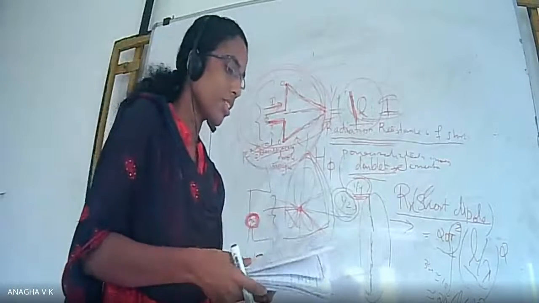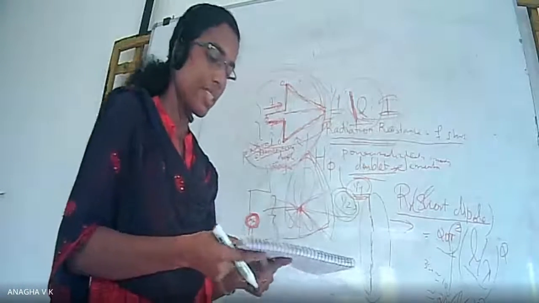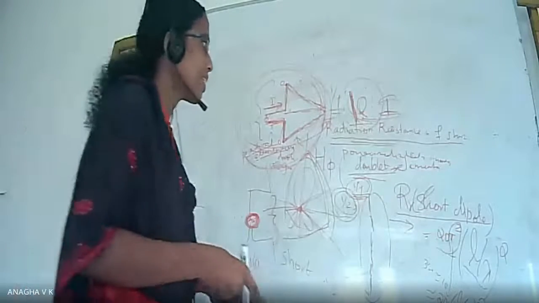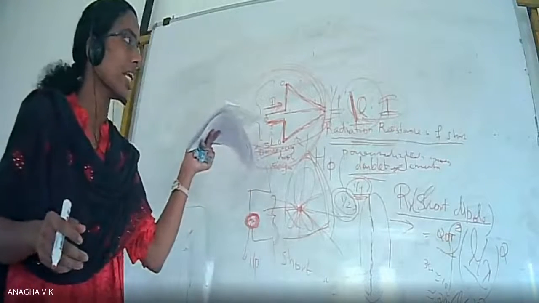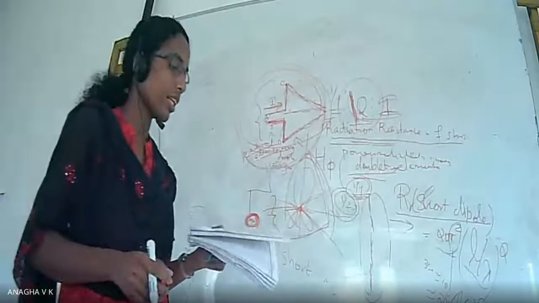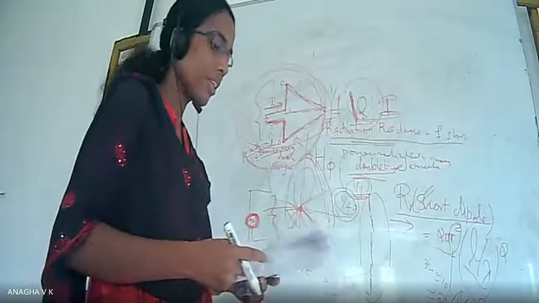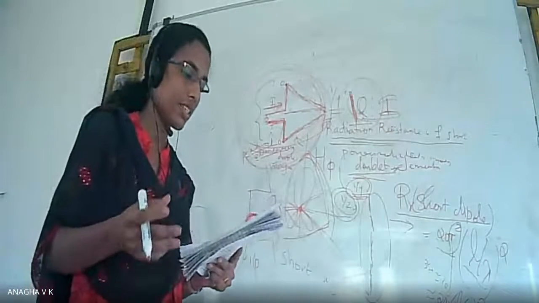So the power density will be what? The field strength is 1/2, likewise the power density is 1/4.